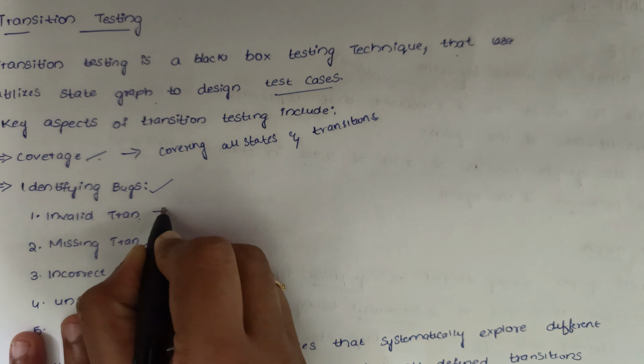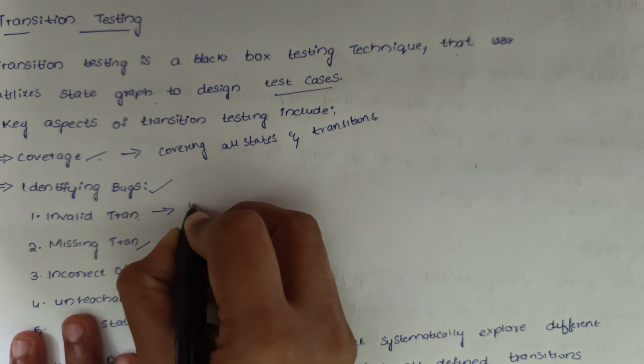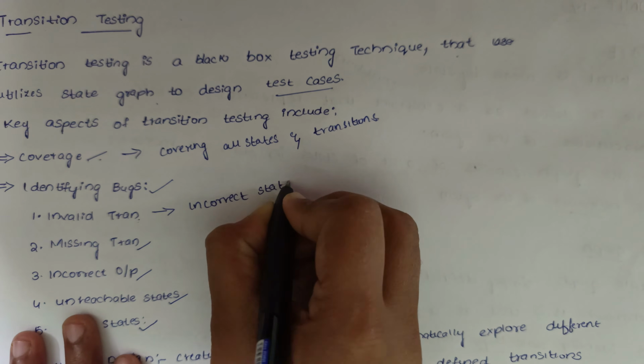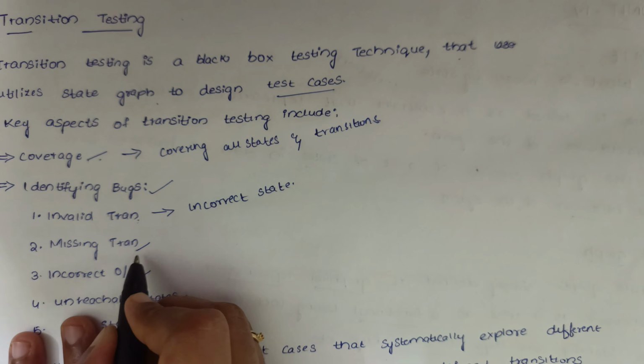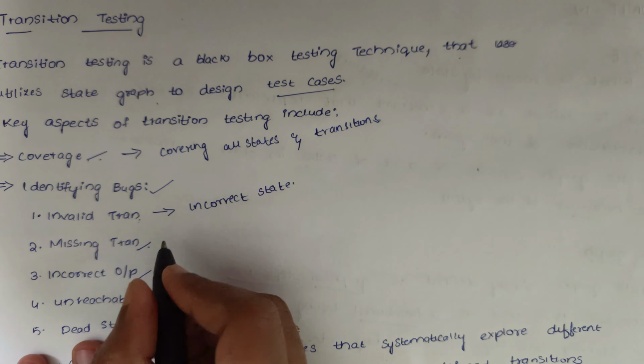Invalid transition is when the system moves to an incorrect state. Missing transition is when a required transition for a given input is not implemented.